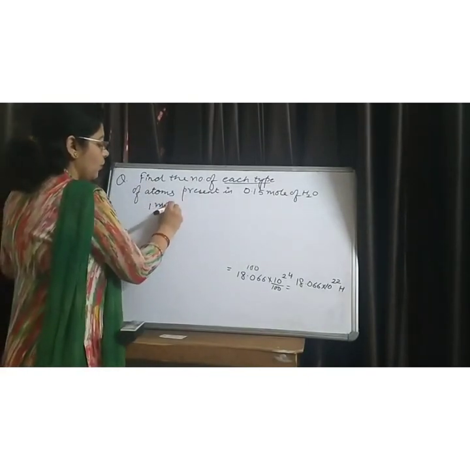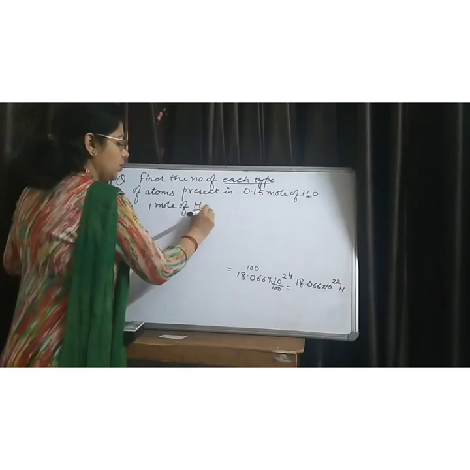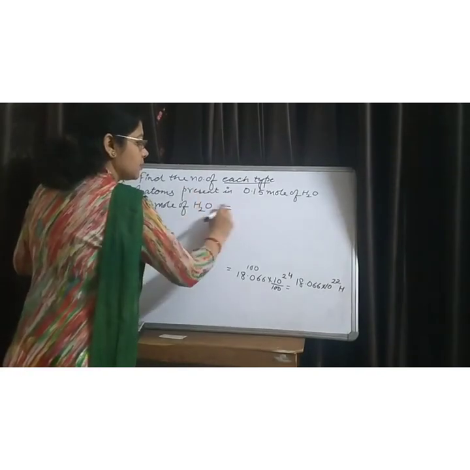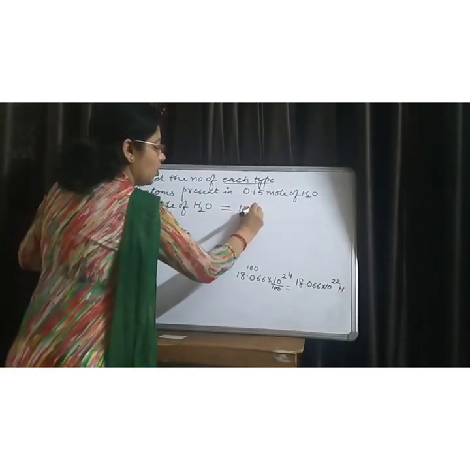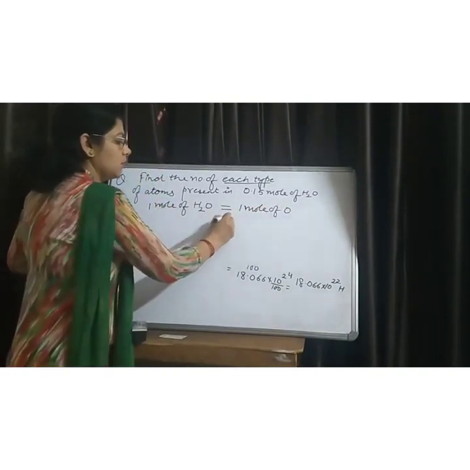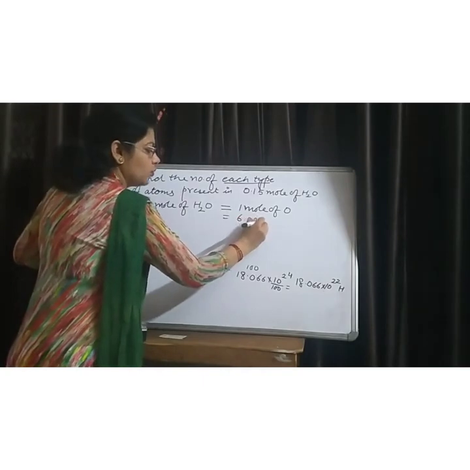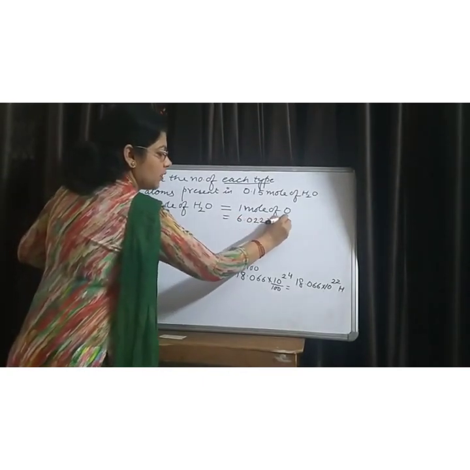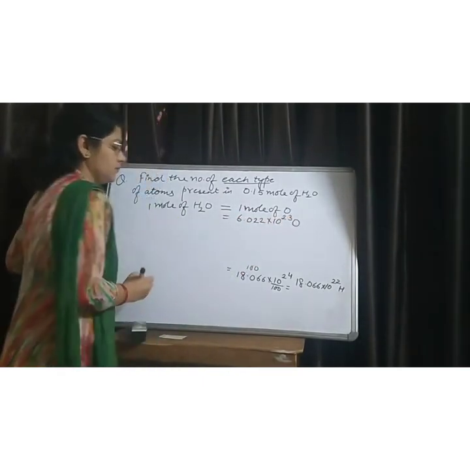One mole of water molecule contains 1 mole of oxygen, that is 6.022 into 10 raised to power 23 oxygen atoms.